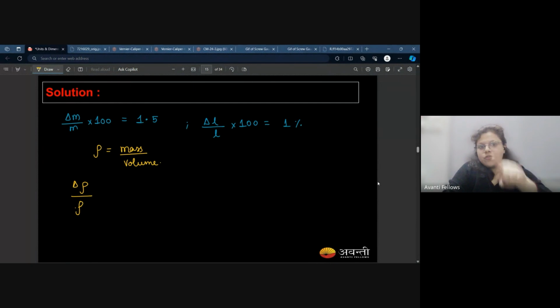Since I have the information about the length, I need to change this expression in terms of length also. So this volume can be written as m upon L cube now. The volume of the cube is L times L, L raised to the power 3. So this formula can be written like this.